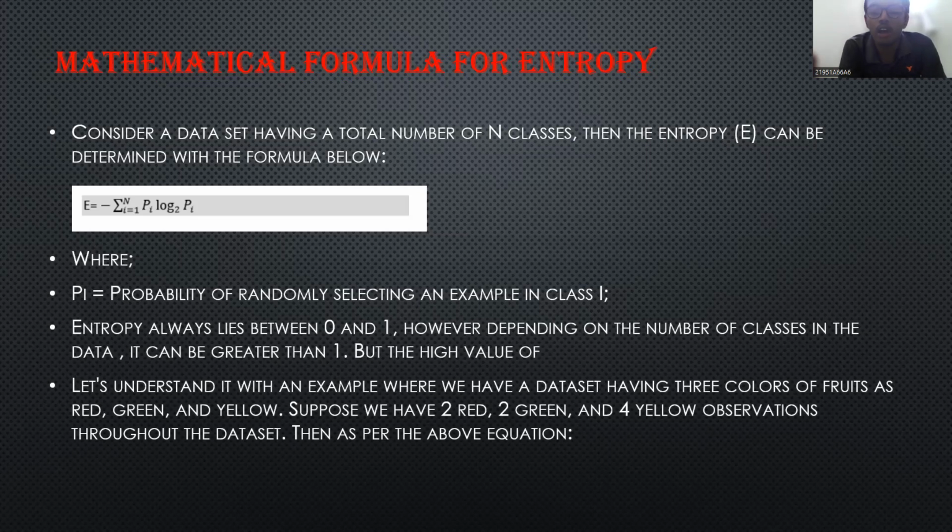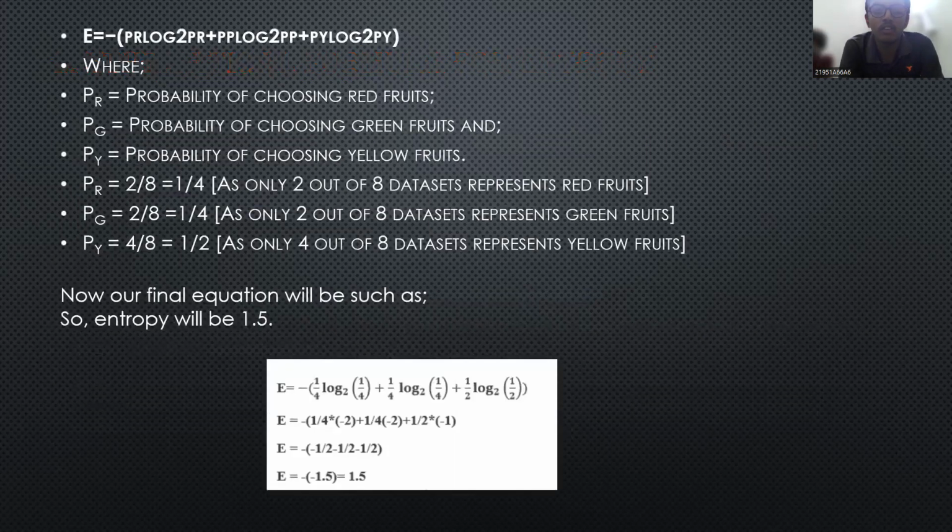Then, as per the above equation, E is equal to minus PR log2 PR minus PG log2 PG minus PY log2 PY, where PR is equal to the probability of choosing red fruits, PG is equal to the probability of choosing green fruits, and PY is equal to the probability of choosing yellow fruits.